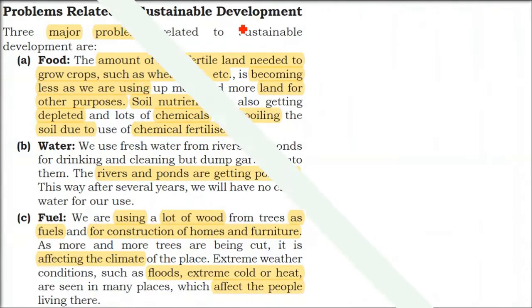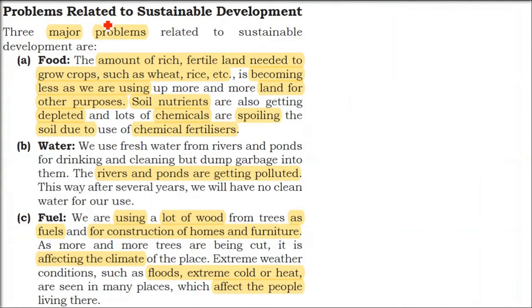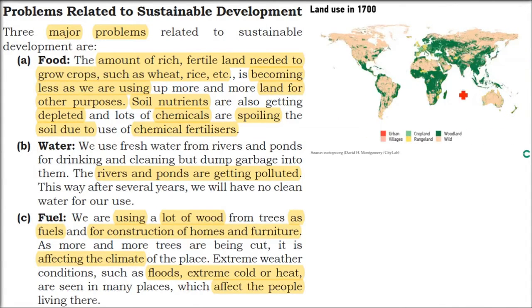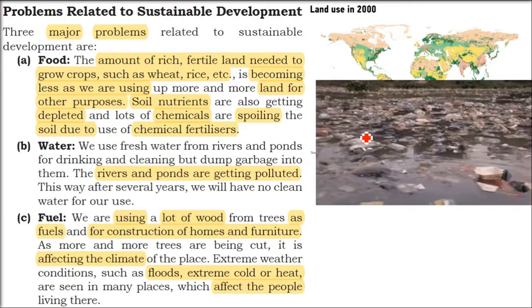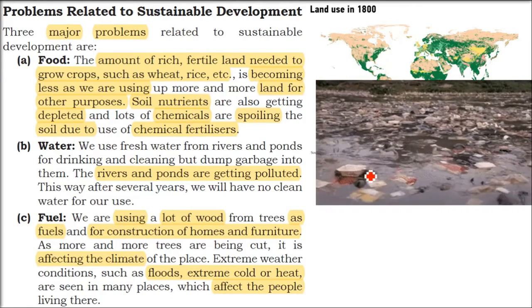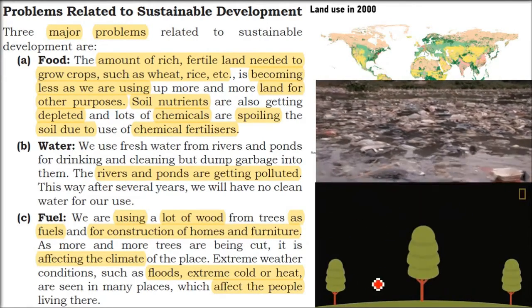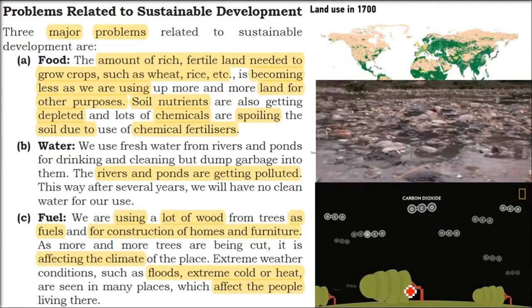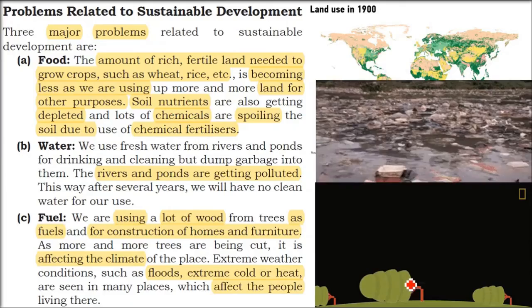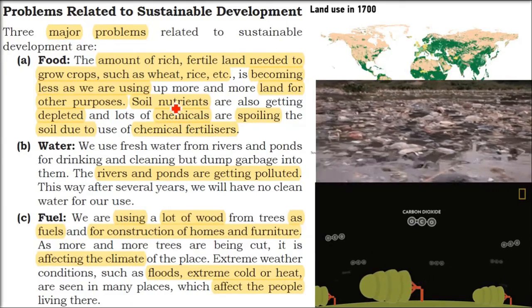So the problems related to sustainable development that we just saw were regarding food, water, fuel. You see how much land we have used for other purposes. Water, we have put all the garbage in it, and then we are cutting the trees, which are the oxygen provider for our globe. So food, water, fuel.